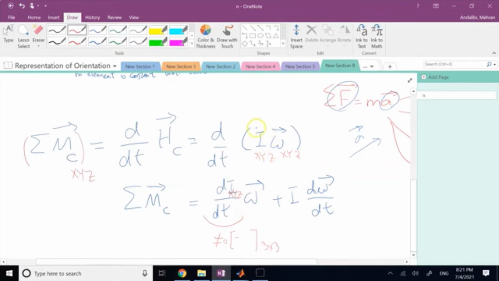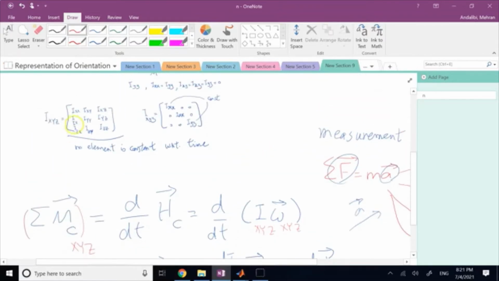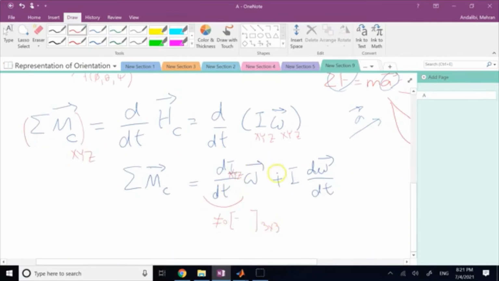And that makes calculation of this a lot harder. Why? Because each one of those entries in I in general could be a function of phi, theta, and psi. Now there are going to be lots of sines and cosines in each component, and you have to take the time derivative of them and use the chain rule. And this is going to be a very, very scary looking equation.